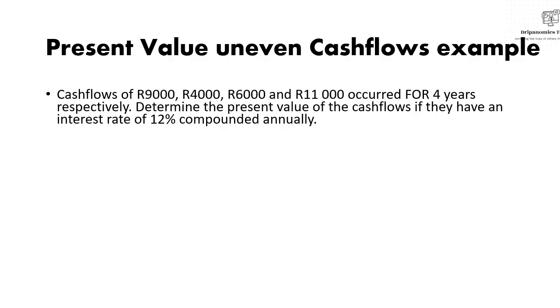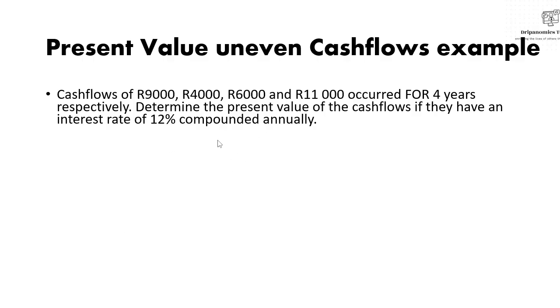Okay, so let's read this question. It says cash flows of 9,000, 4,000, 6,000, and 11,000 occurred for 4 years respectively. I assume that you guys know that year 1 will be 9,000, year 2 will be 4,000, year 3 will be 6,000, and year 4 will be 11,000 since they said they occurred respectively.